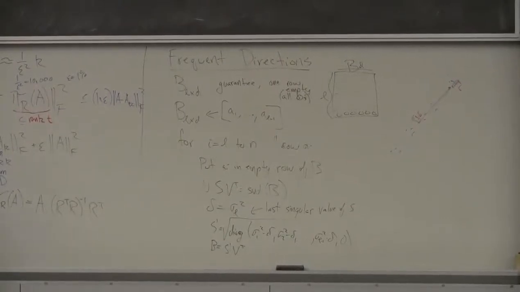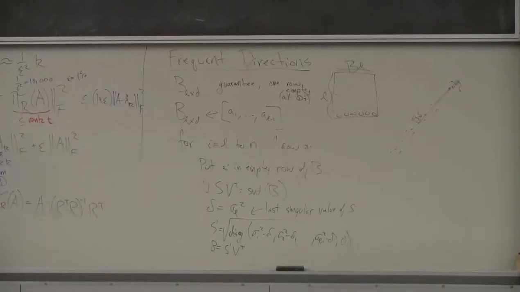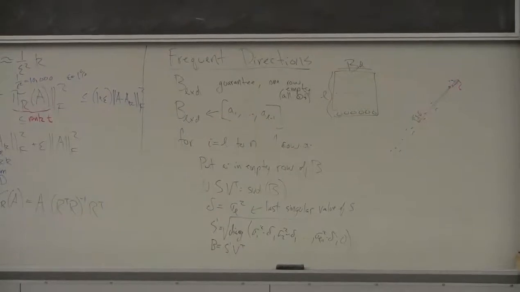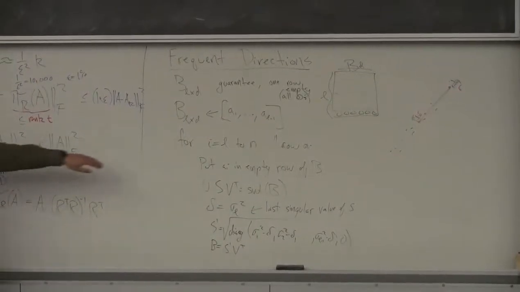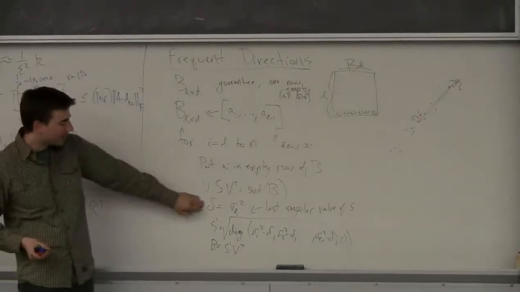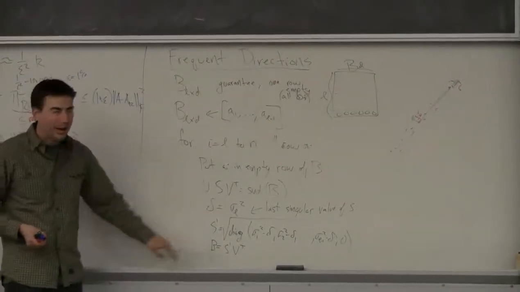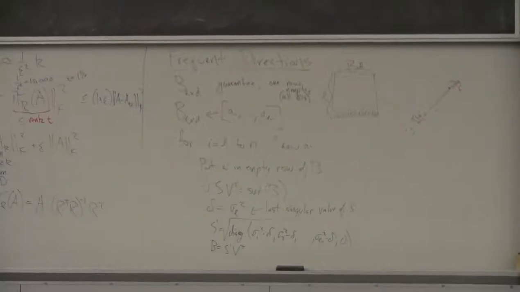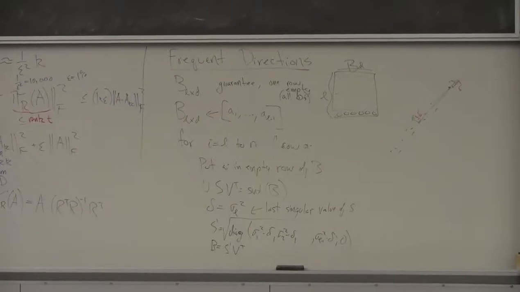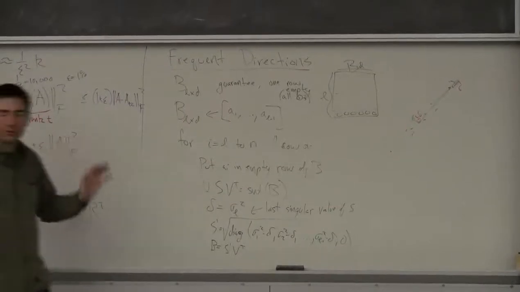Okay, so this is not too complicated of an algorithm either. I can process one row at a time. I just take this SVD, I shrink it by a little bit, and with a much smaller L, I'm going to get results that look like this, but are actually a little bit stronger as well. So I'll just write them down and we'll talk through them.